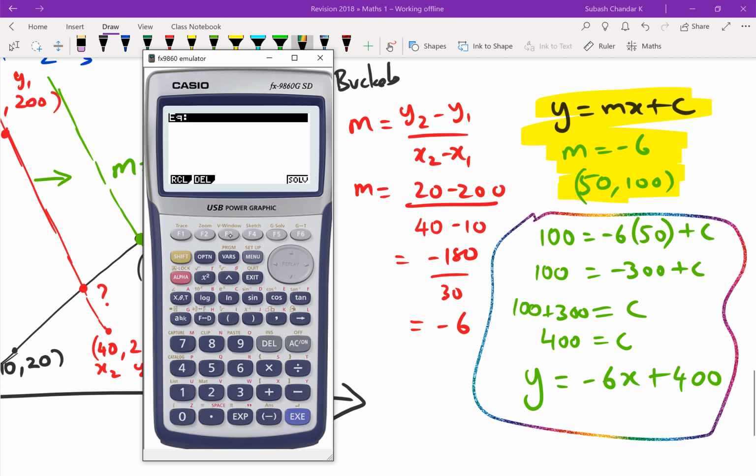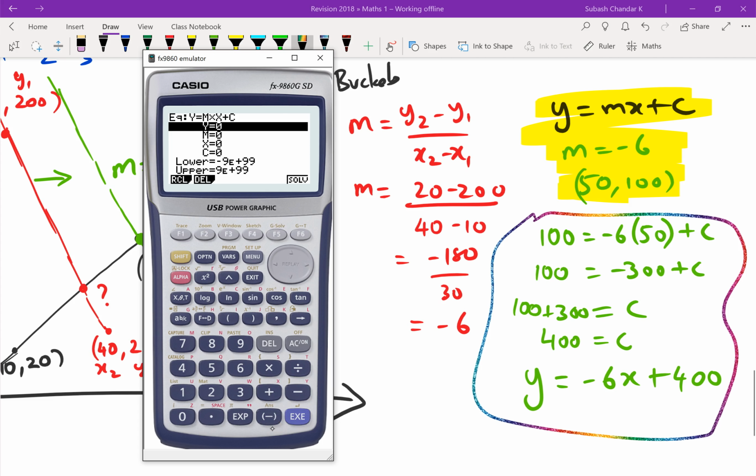You click on that. And see how it says equation? You literally got to type it in. So you got to go alpha y, then shift equals, alpha m, times alpha x plus alpha c.